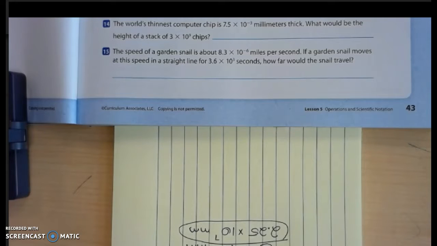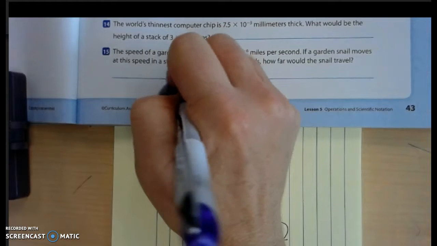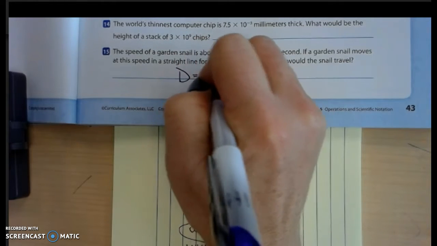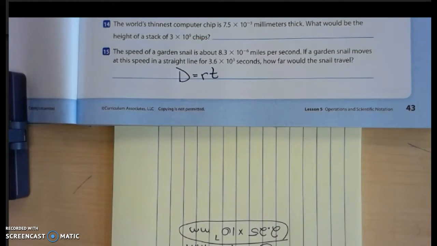Number 15 says the speed of a garden snail is about 8.3 times 10 to the negative 6 miles per second. If a garden snail moves at this speed in a straight line for 3.6 times 10 to the 3 seconds, how far would the snail travel? Now, I'm pretty sure in science class you're going to have to know the distance formula. Distance is equal to rate times time. This is a distance problem.